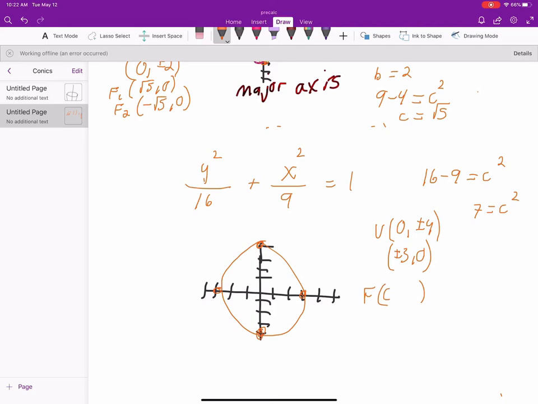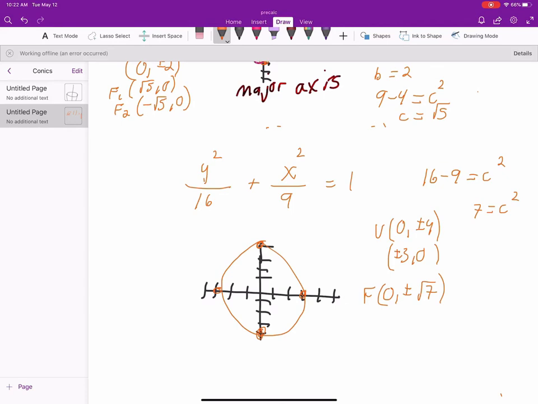So that's going to be 0, comma, plus or minus, since that's a c squared, I got to get the square root of 7. I think I'm going to just erase this and give myself just a little bit more room. Here we go. Plus or minus square root of 7. Just like that. So there is my ellipse, all right, with my vertice points, my focus points, and my sketch.